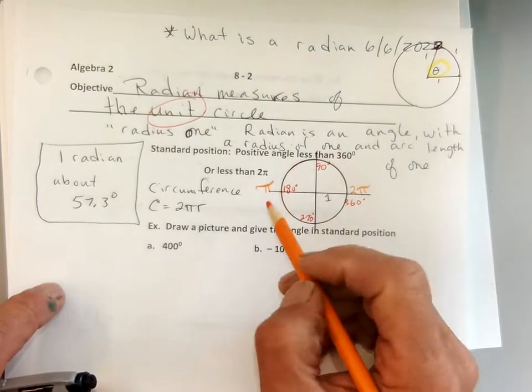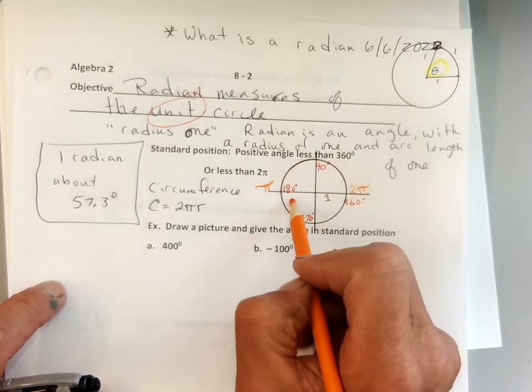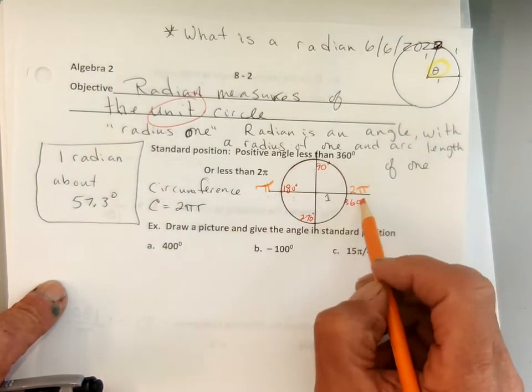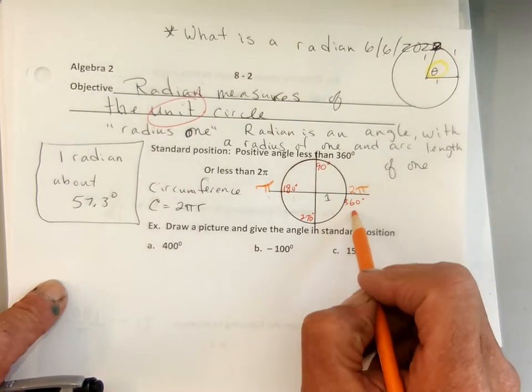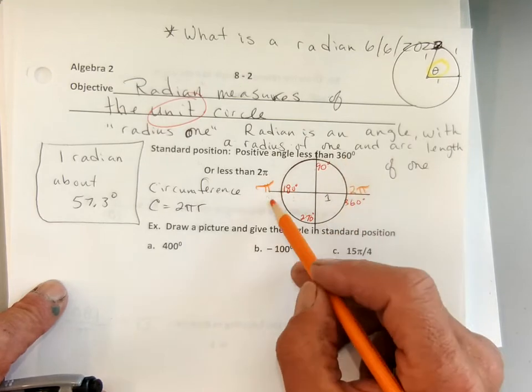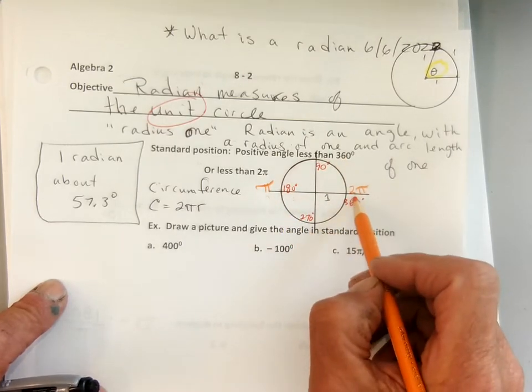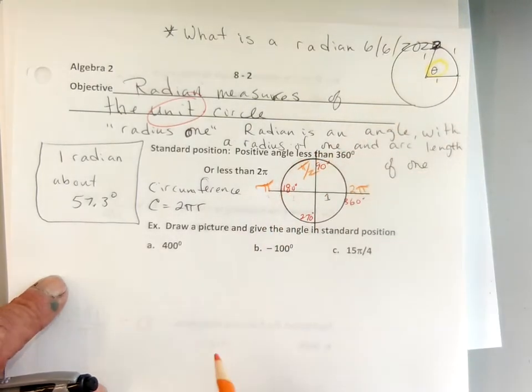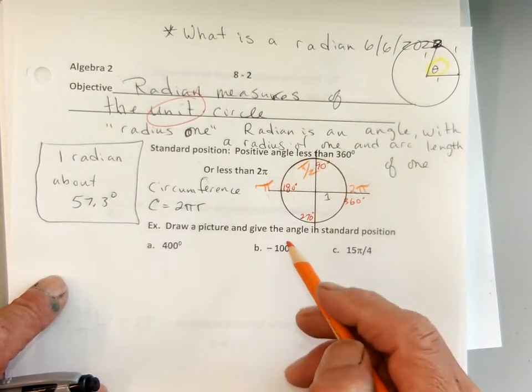Well, if this is pi radians, 180 degrees, same angle. If this is 2 pi, 360 degrees, same angle. Okay, one full rotation, 360 degrees, or one full rotation, 2 pi radians. Then 90 would have to be pi halves, because it's half a pi.